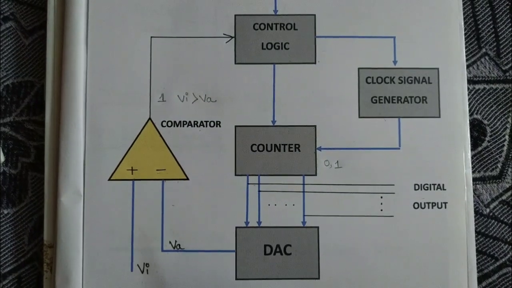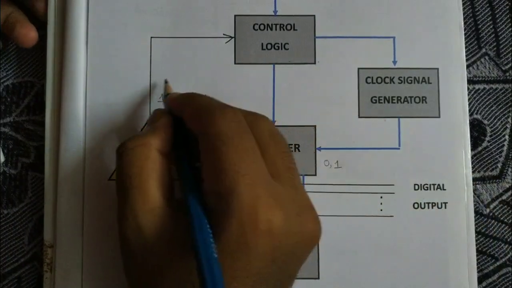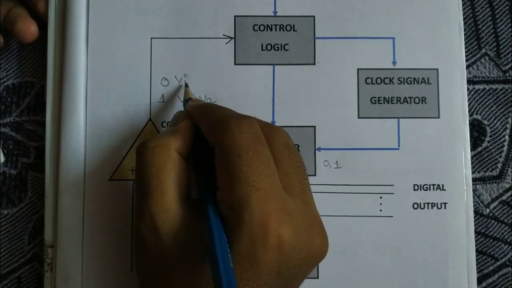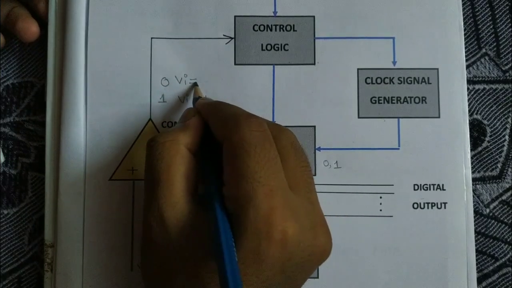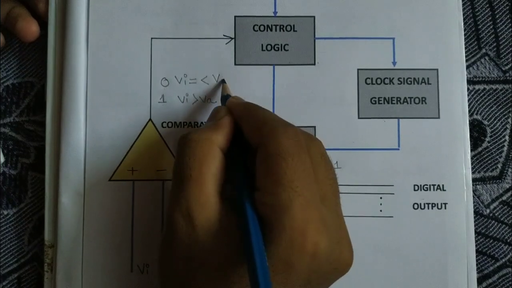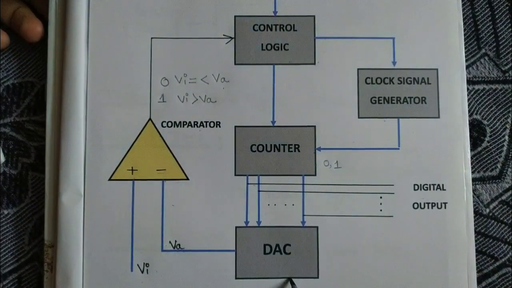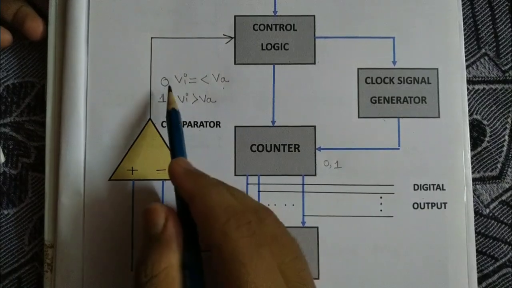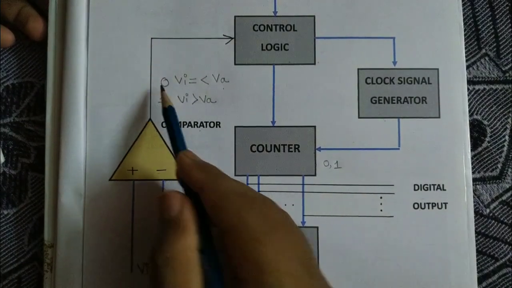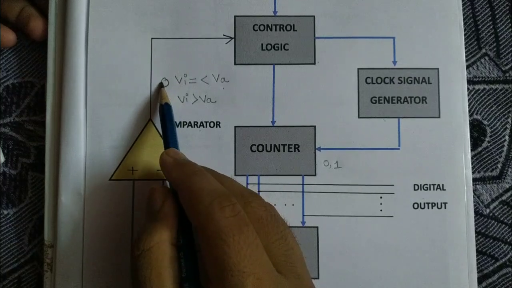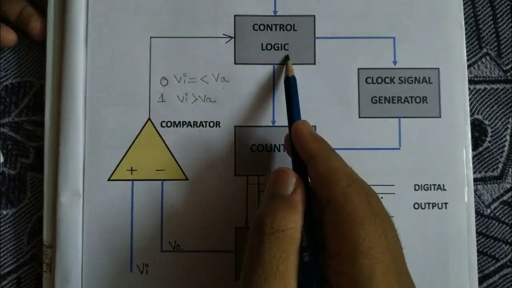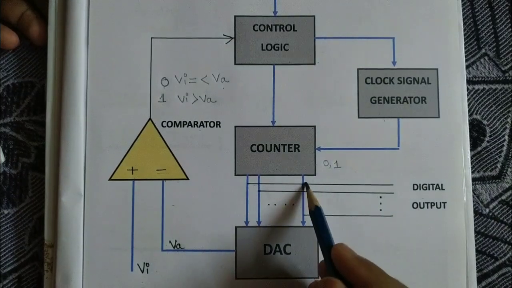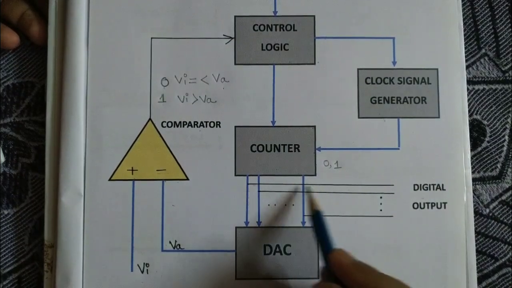In the second case, the output of comparator will be 0 when VI, meaning external analog supply, is equal to or less than VA. It means the output of DAC is greater than the external analog input, then it will produce 0, and when comparator produces 0, it will instruct the control logic to stop the working, and the digital output of counter is shown on the display.